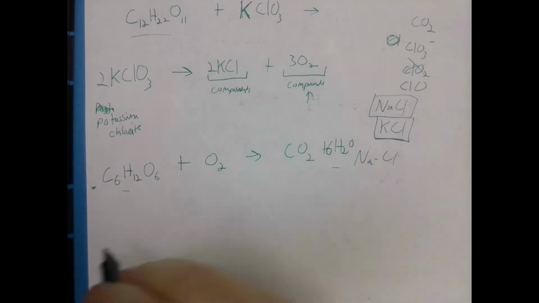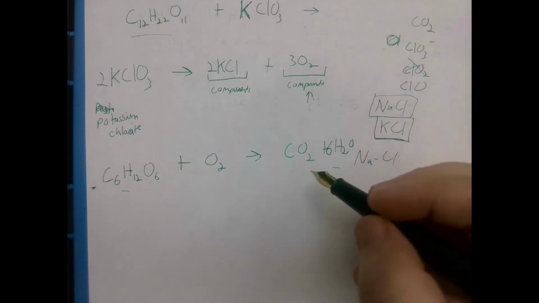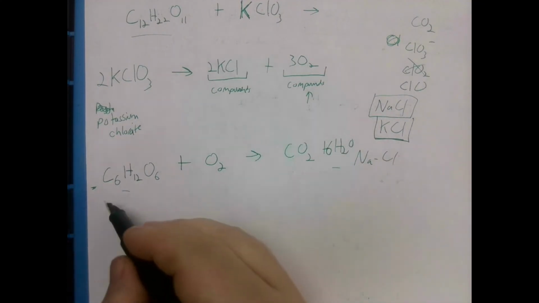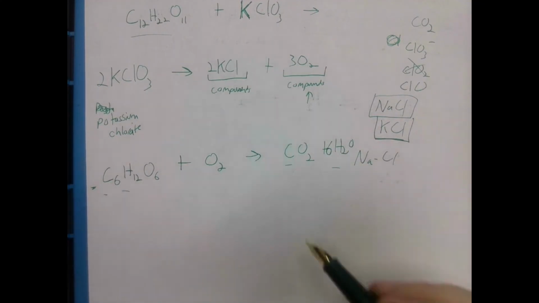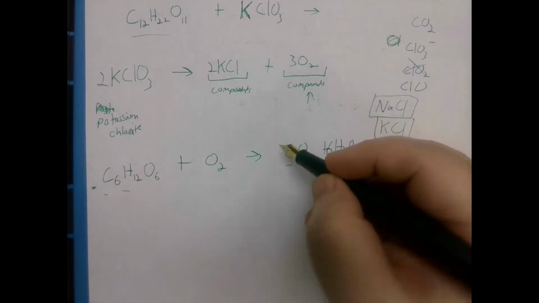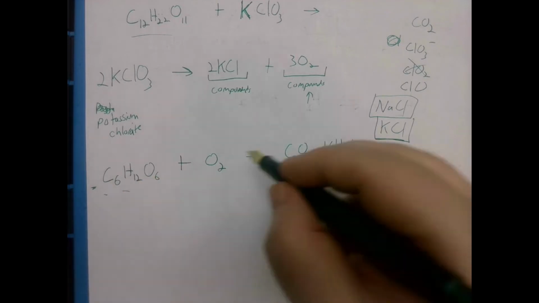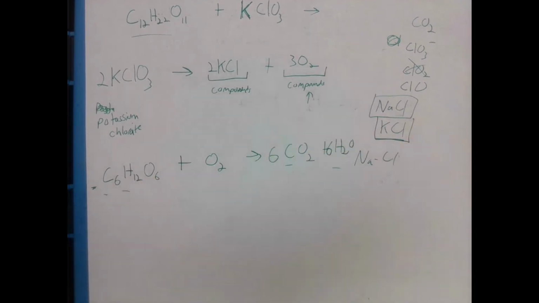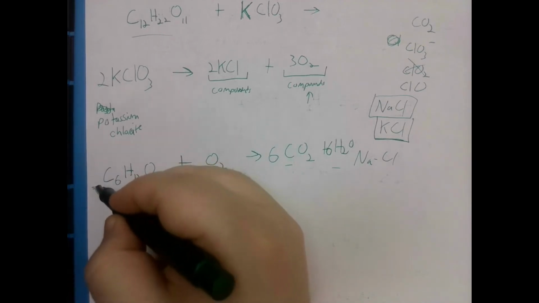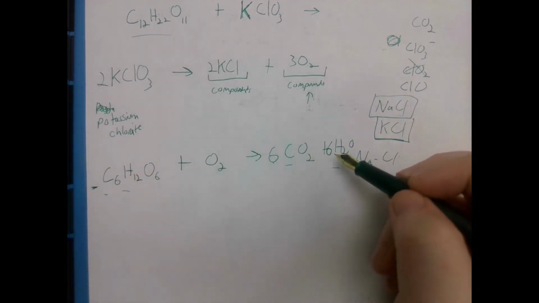If not, we'll try 2 and 12, or 3 and 18, and so forth. How many carbon do we have? Well, there's only 1 carbon on this side, 1 carbon here. I know the ratio is 1 to 6, or 1 of these molecules to 6 of these. So wherever this subscript is, I'm going to need 6 times that and 6 times that.